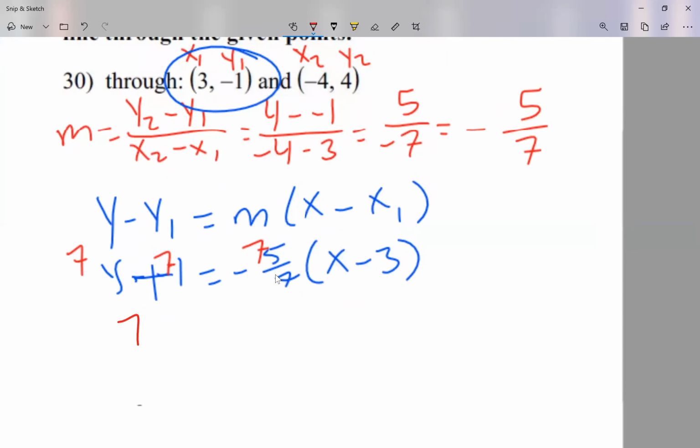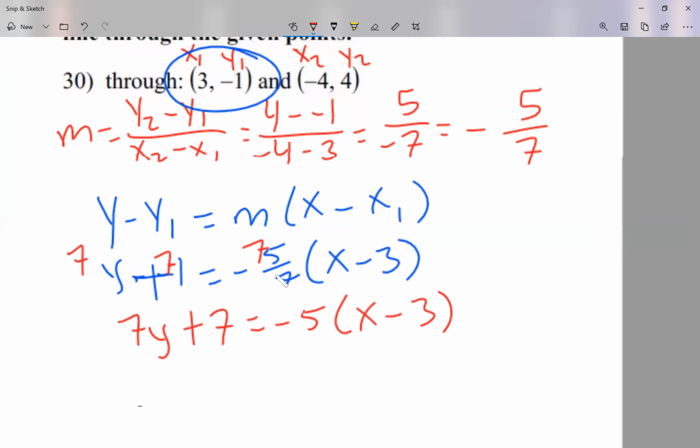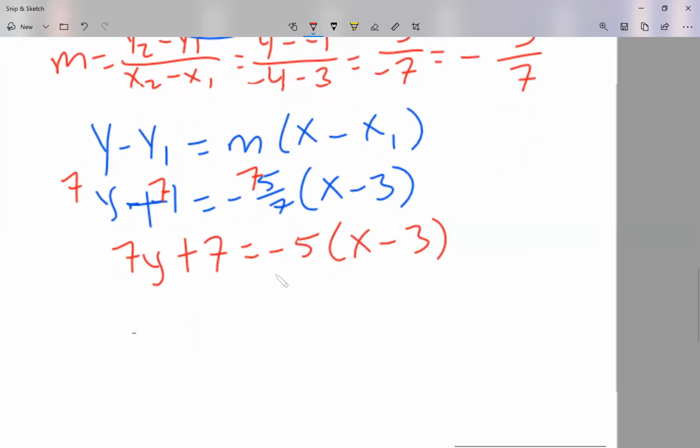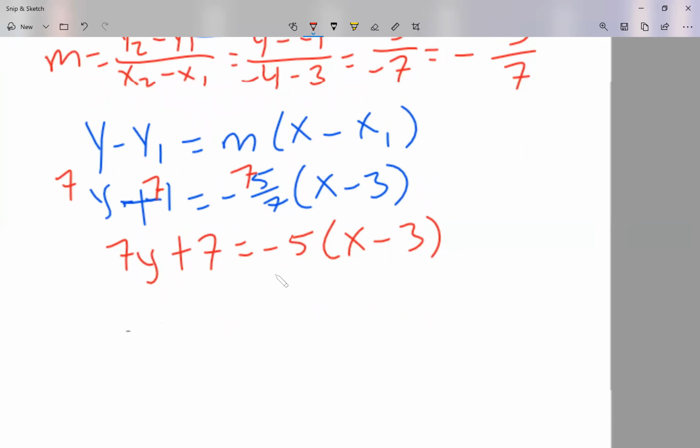It's going to give me 7y plus 7 is equal to a negative 5 inside parentheses x minus 3. Now let me get rid of parentheses. So 7y plus 7 is equal to negative 5x plus 15. Okay, a couple things.